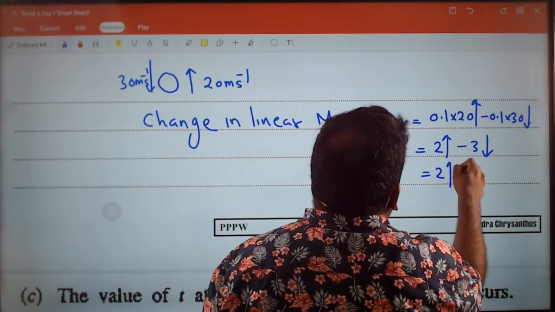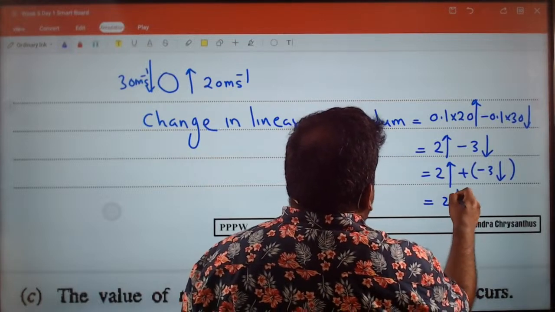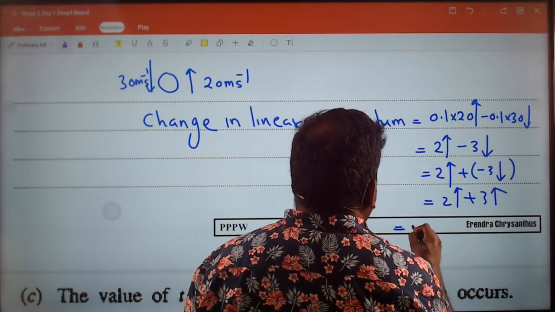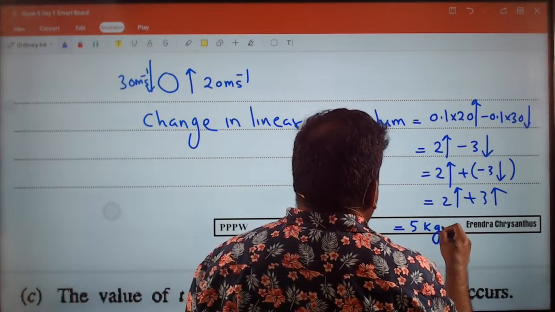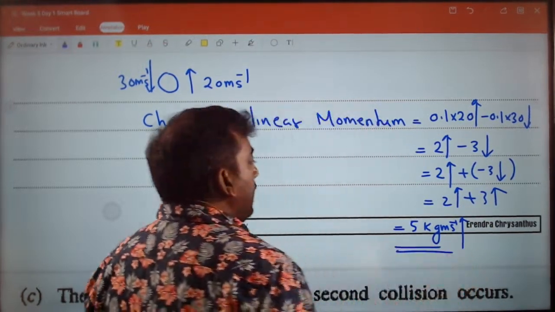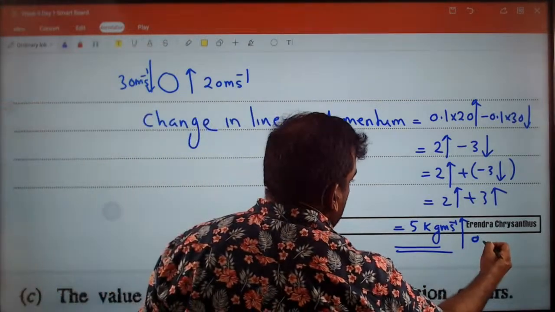Bring all vectors in the same direction; multiplying a vector by a negative changes its direction. So 5 kg m s minus 1. That is on the ball.